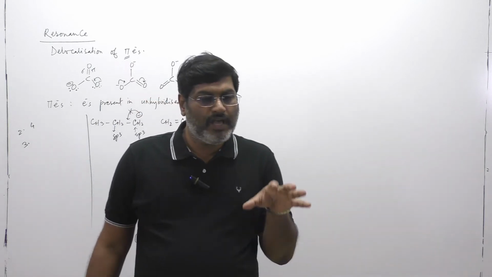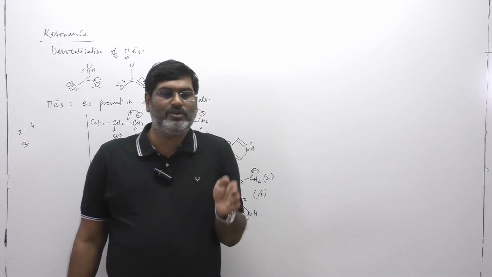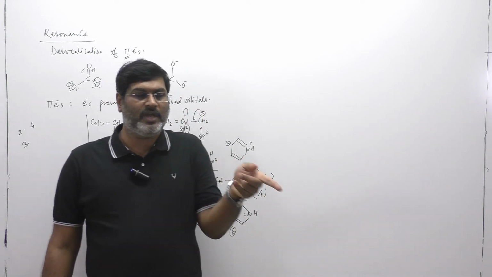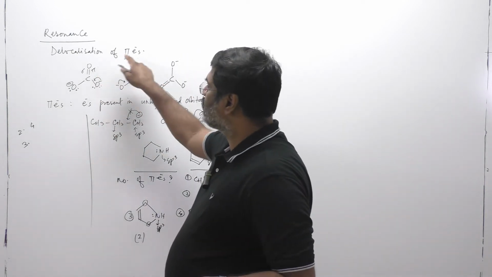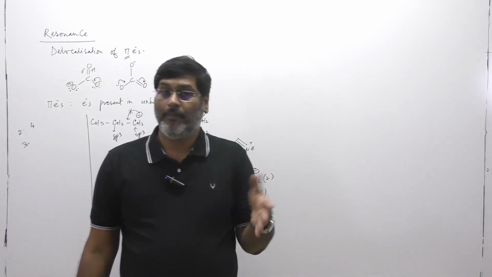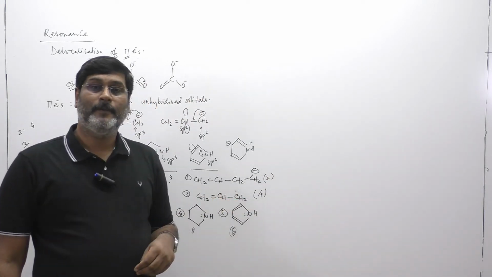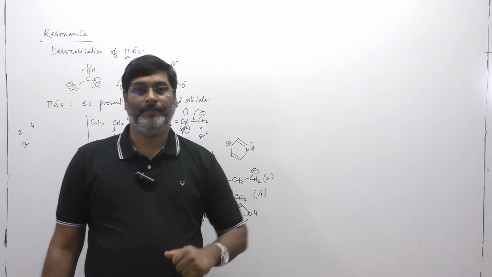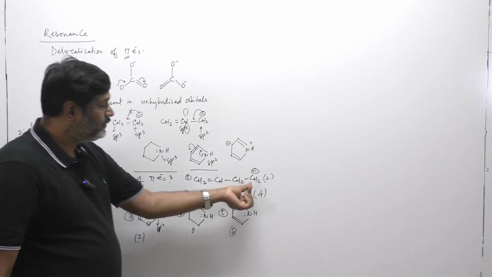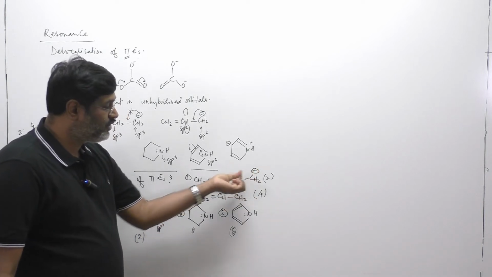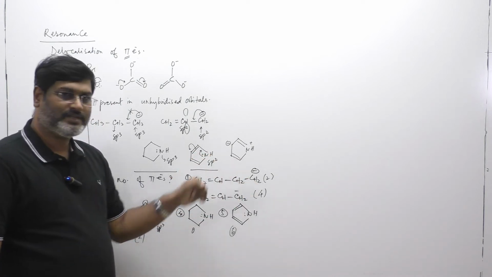Same thing here, the electrons are localized, or the electrons are delocalized. If the electrons keep on changing the place, we say delocalized, right? So delocalization of pi electrons. But for the delocalization, there should be some space, there should be some possibility, or not? Here there is a negative charge. Is it delocalized? No, it is localized, because this cannot change its place.